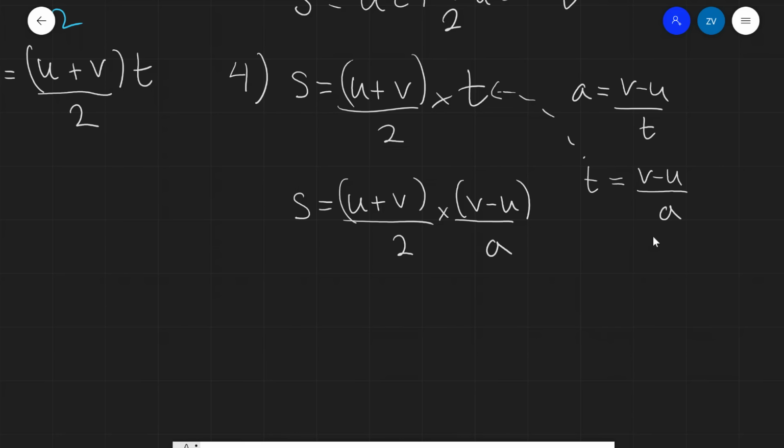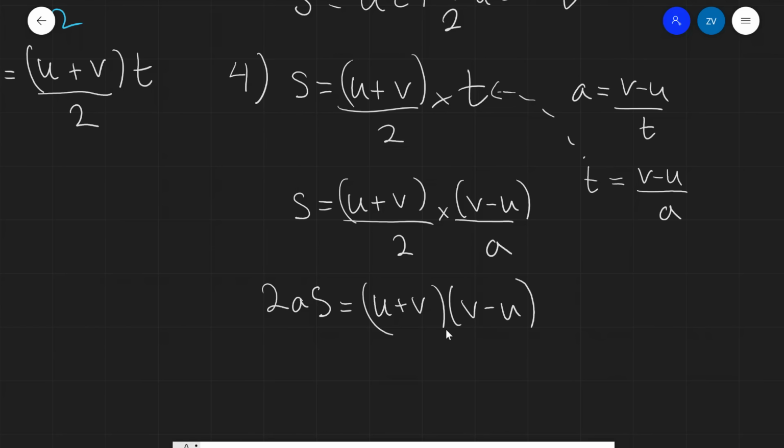Okay, well, let's just do a little bit of tidying up in this fraction. So this is 2a, and we have s on this side. I'm just going to multiply both sides by 2a, or in other words, bring the 2a onto the other side. So I'm going to have 2as is equal to (u plus v) times (v minus u).